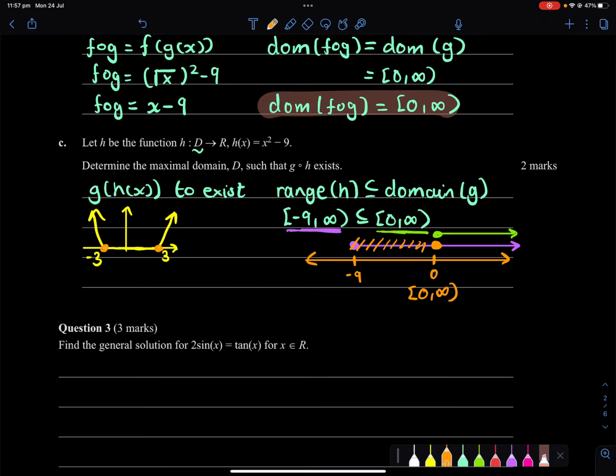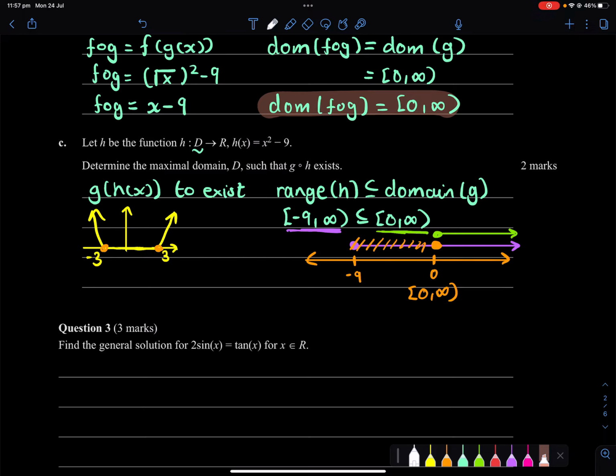And now, what's the domain of this graph? That's what we want. The domain of this would give us the maximal domain of g of h. So let's write it.